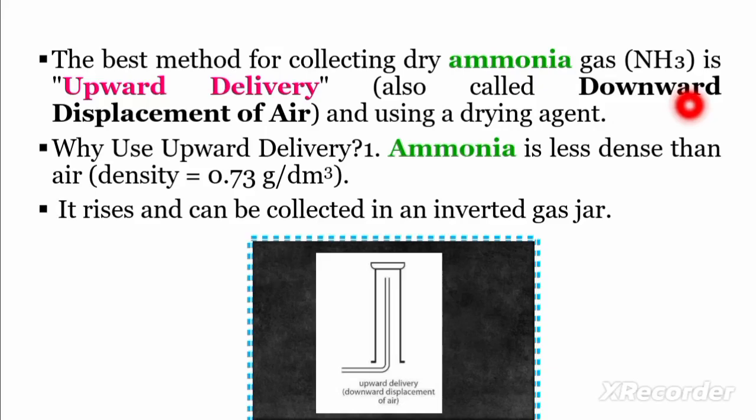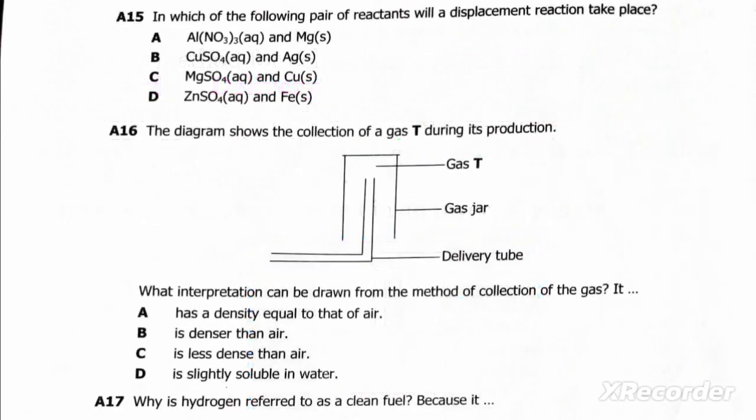Upward delivery is also called downward displacement of air. So the one characteristic of the gas being collected here is that it is less dense than air. Therefore, our correct answer is C.